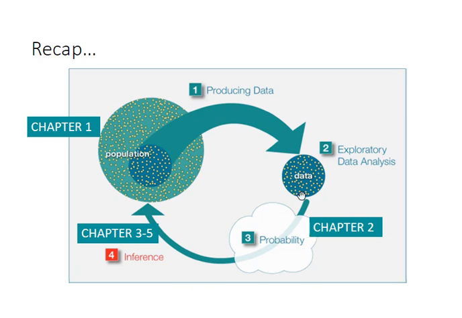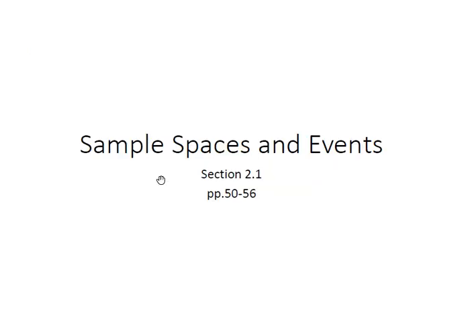In chapter 2, we are just going to introduce the concepts of probability, but the inference part will be discussed in chapters 3 to 5. In section 2.1, we are going to introduce sample spaces and events.